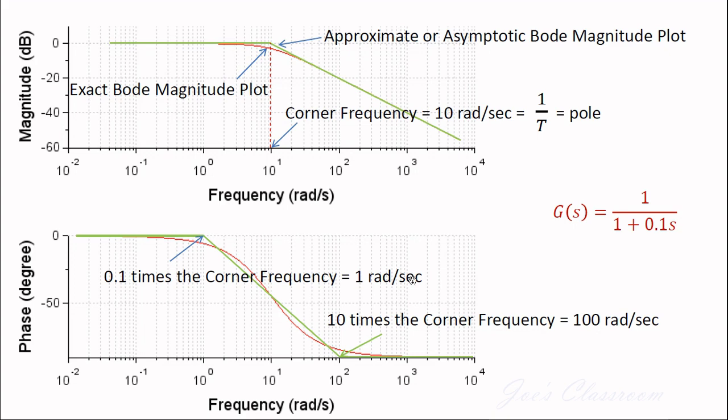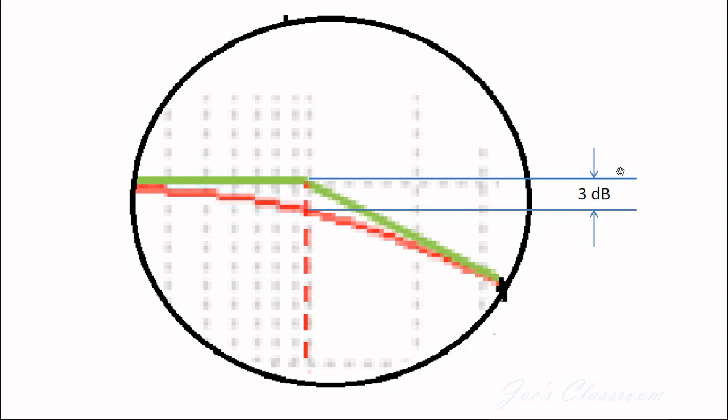Now if I zoom this part, there is some mismatch between the exact and asymptotic Bode plot. If I zoom it like this, you will be able to see the difference between the exact Bode plot and the asymptotic Bode plot. The difference, or the error, is going to be maximum at the corner frequency.